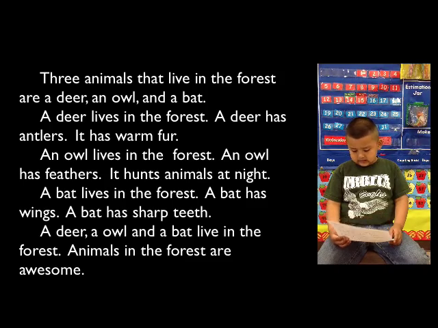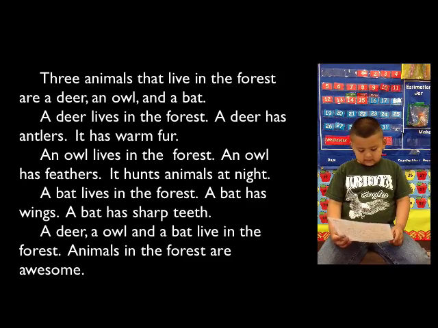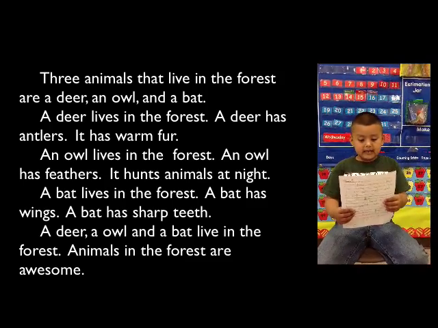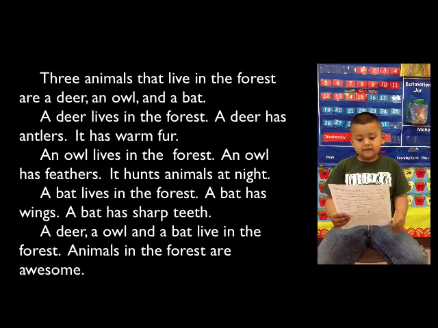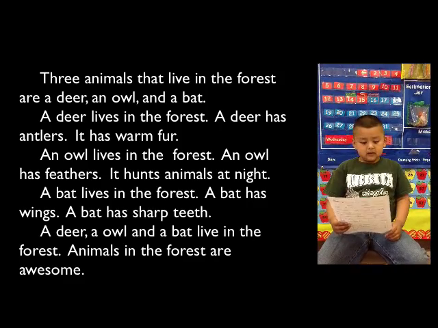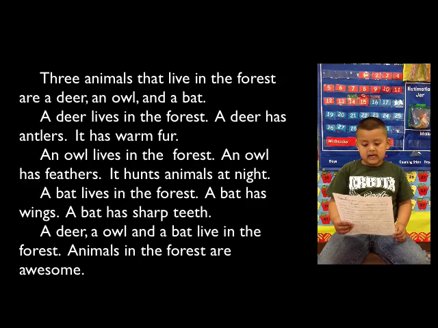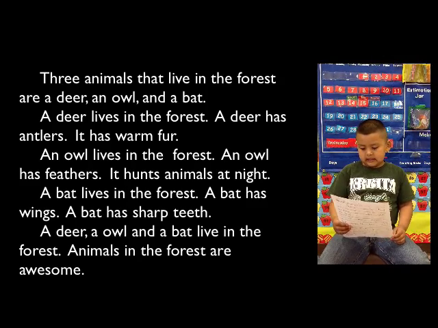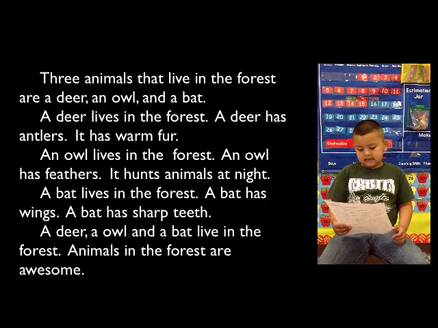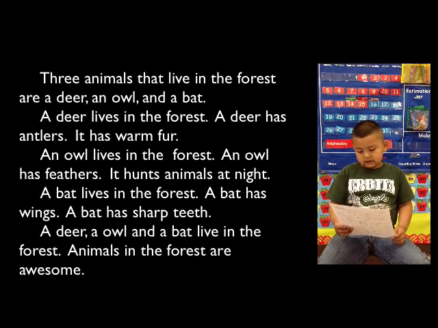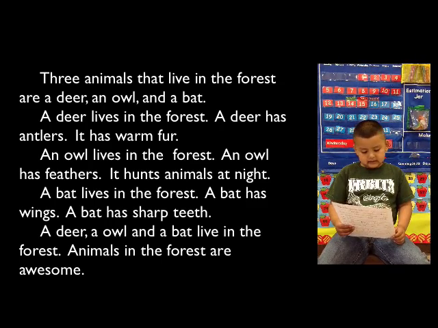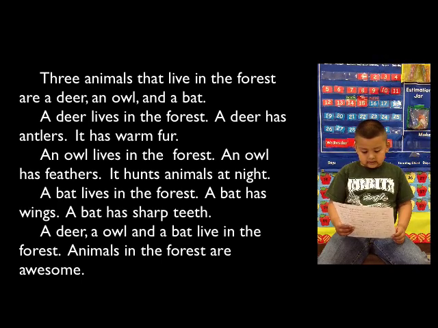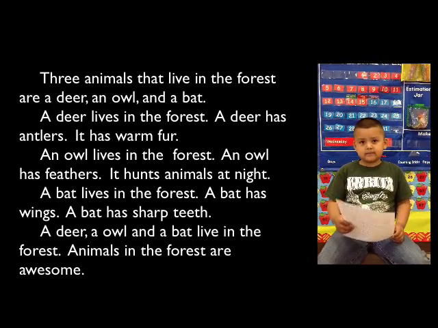It hunts animals at night. A bat lives in the forest. A bat has wings. A bat has sharp teeth. A deer, an owl, and a bat live in the forest. Animals in the forest are awesome.